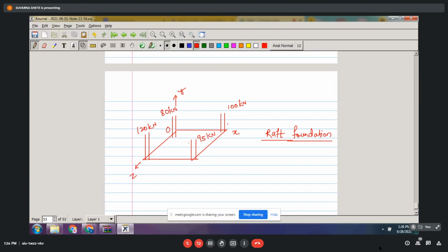Such kind of problem will be given, and it will be asked to find the resultant for these columns, the resultant force and its location on this base plate or raft foundation.